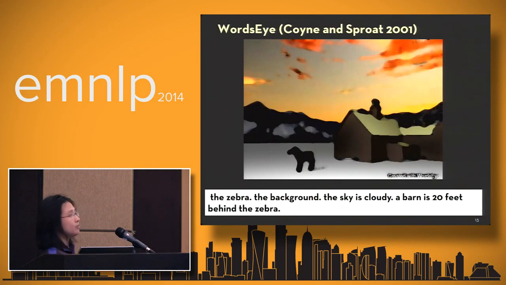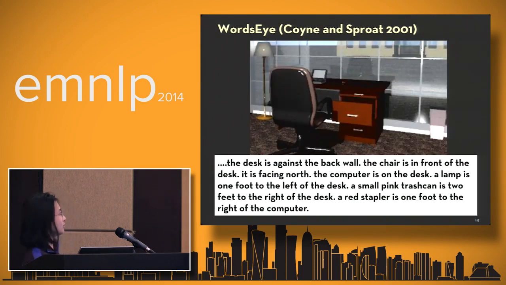More recently, there's the WordsEye system. This is a SIGGRAPH paper from 2001, and here is an example scene generated by them with a zebra and a barn that's 20 feet behind the zebra. They have been continuing work on this, and here's a more recent scene, which is actually a little crop from a much larger scene.